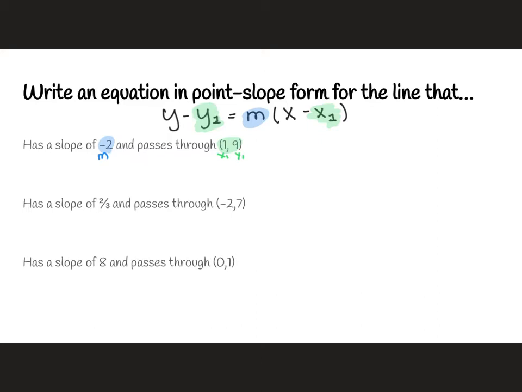So we have y minus y sub 1, which is 9, equals m, which is -2, times the quantity x minus x sub 1, which is 1.